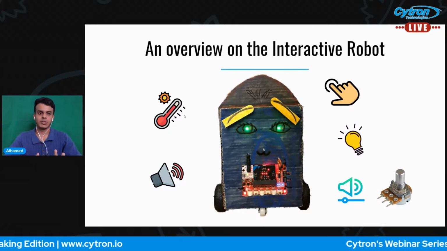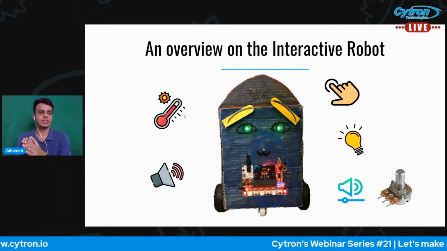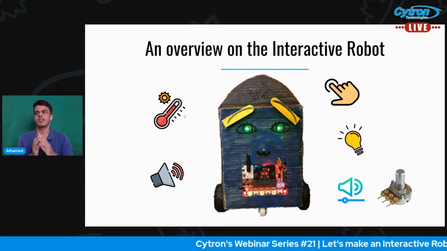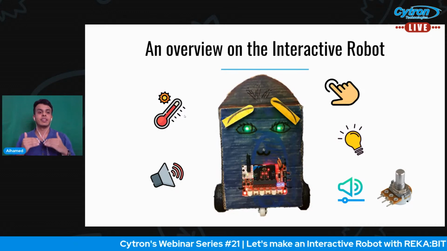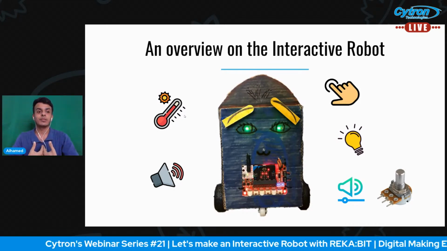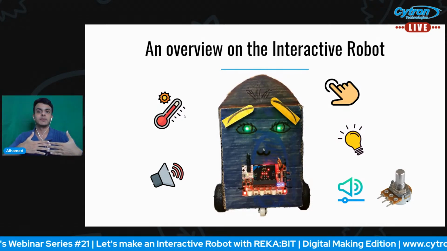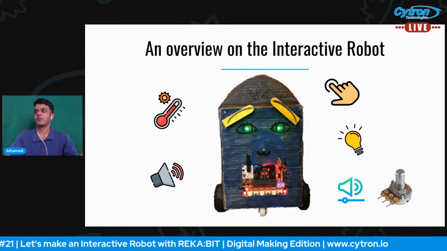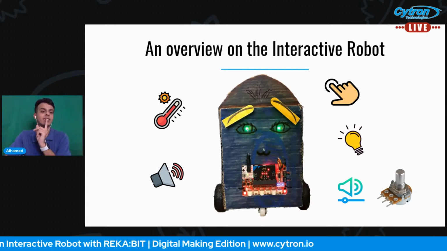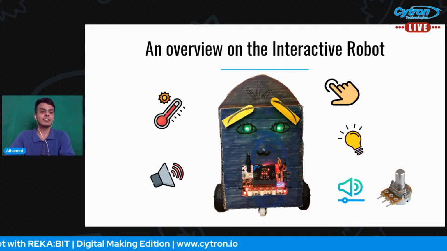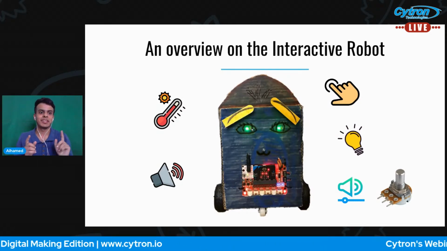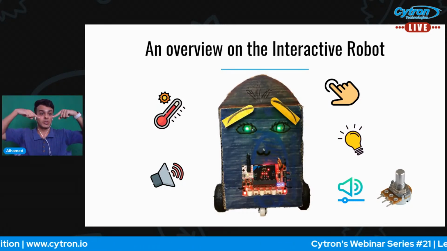So in this robot, we will set a temperature limit. If the temperature exceeds that limit, the robot will show different actions. First, it will change the green LED to the red one. It will be sad, and its eyebrow will go down.